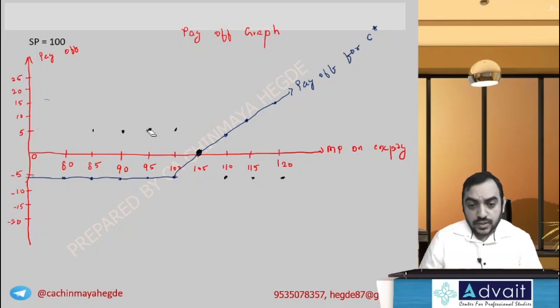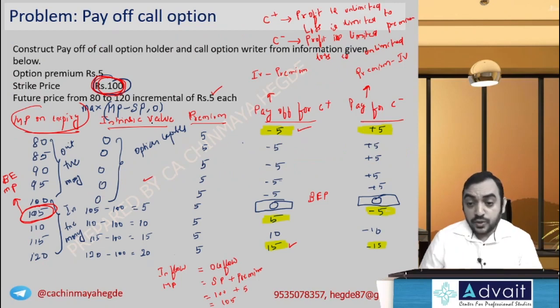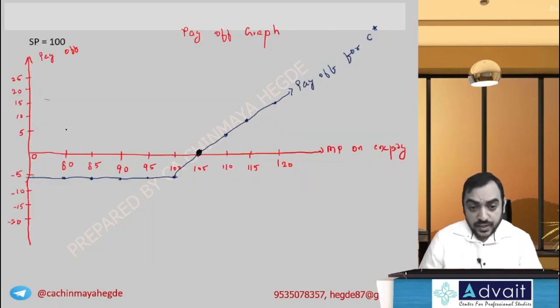Sorry, I wrote that wrongly. At 80 rupees, you get a profit of 5 rupees, and that is fine. At 105, you get 0. At 110, you get minus 5. At 115, you get minus 10. At 120, you get minus 15.